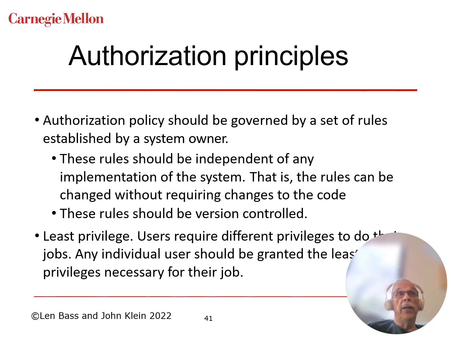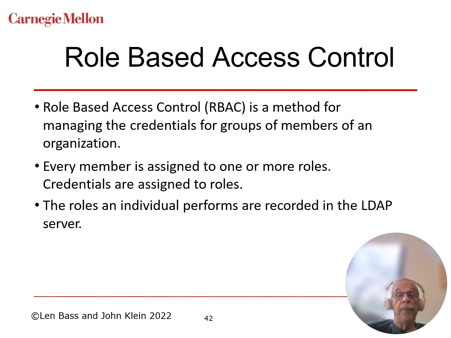Okay. But the authorization principle is that you shouldn't authorize somebody for access to a resource or data that they don't need to do their job. So that's called the principle of least privilege. I'm sorry, least privilege, not least authorization.